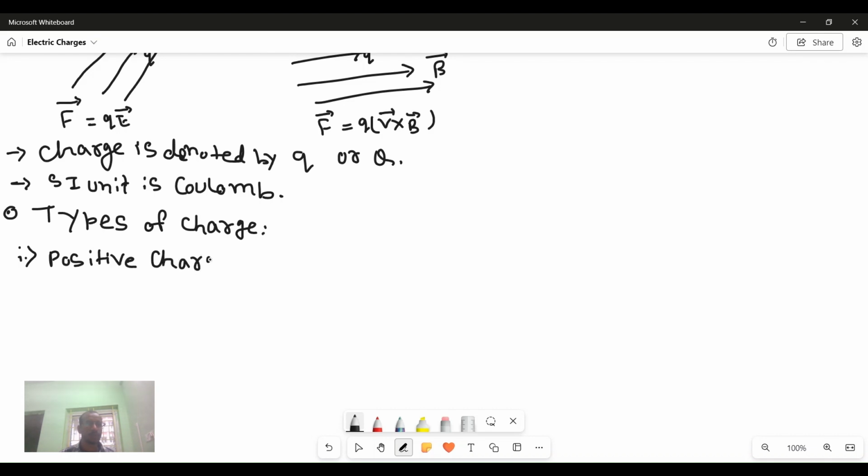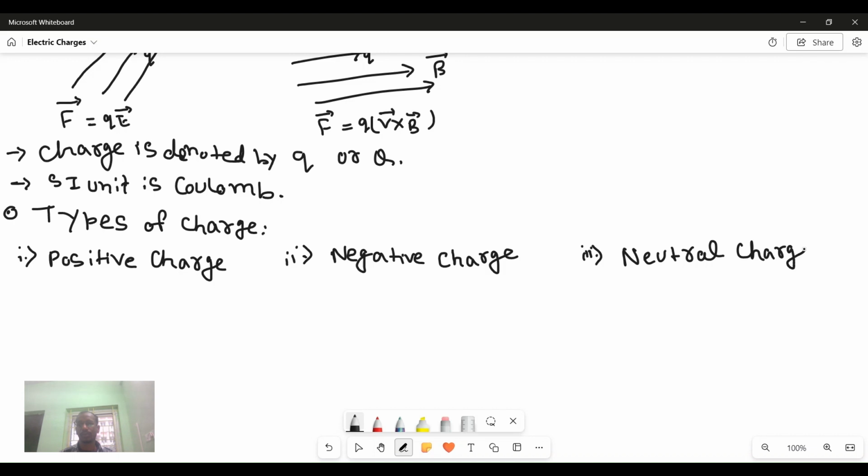When the number of protons is greater than the number of electrons, the charge developed is positive. The second one is negative charge. When the number of protons is less than the number of electrons, negative charge develops on the system or atom. And the third is neutral. In the case of neutral, the number of protons is equal to the number of electrons.